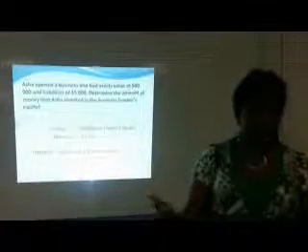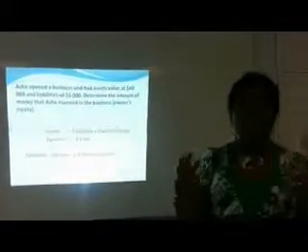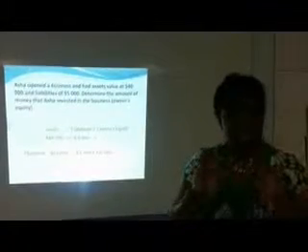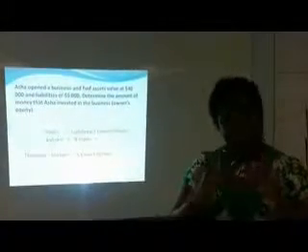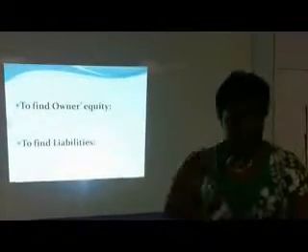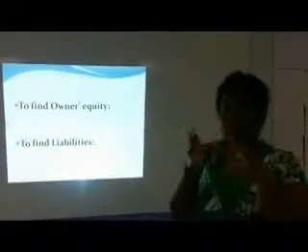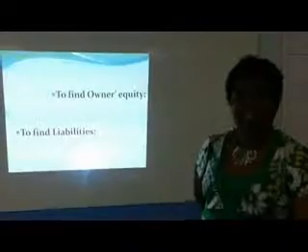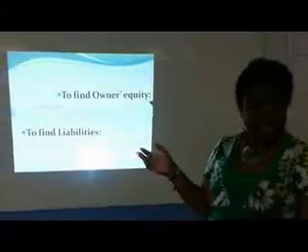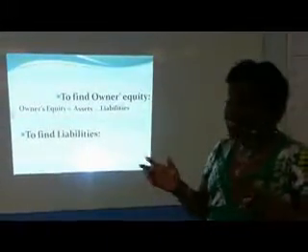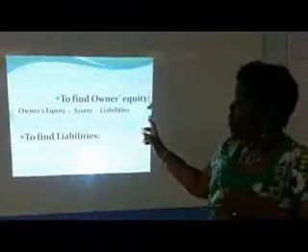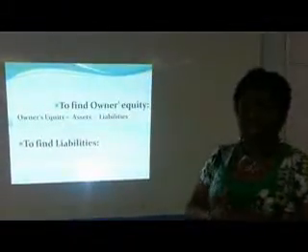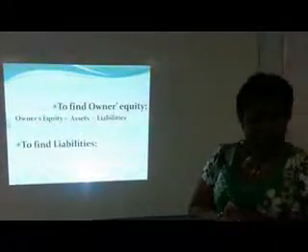And that is one of the beauties of looking at equations. Equations can be manipulated to determine certain components of the equation. So we found owner's equity by subtracting our liabilities from our assets, which will give us owner's equity.